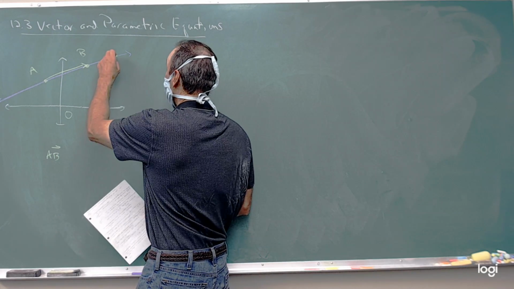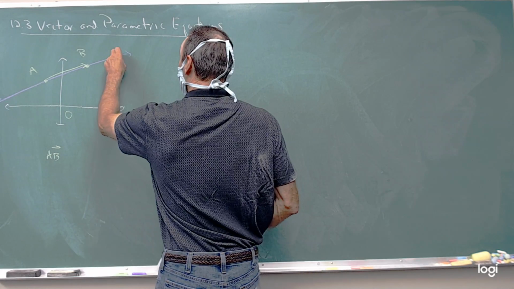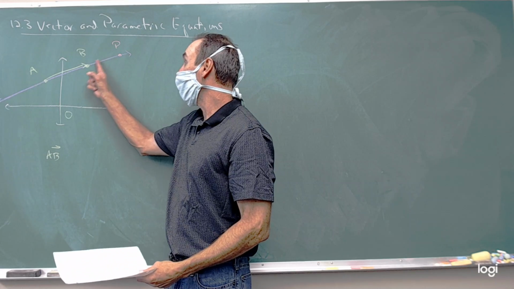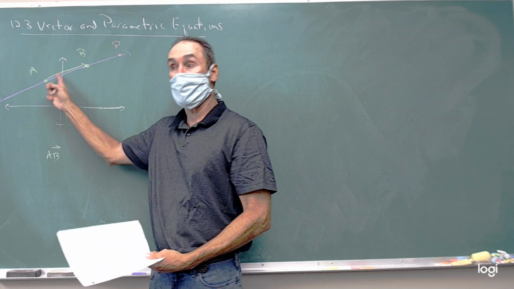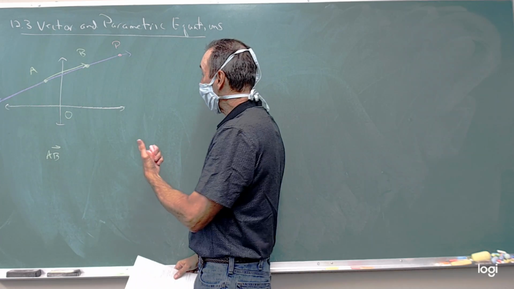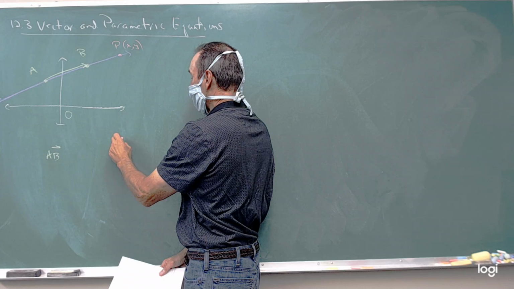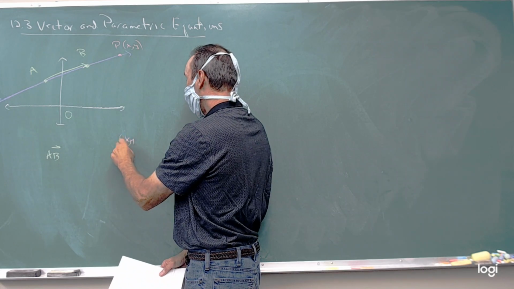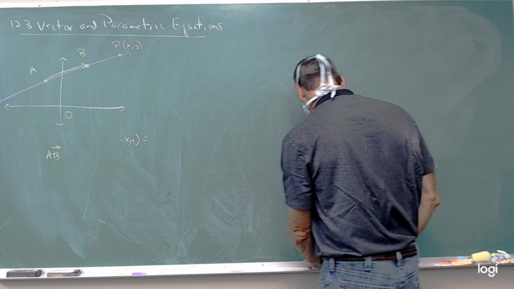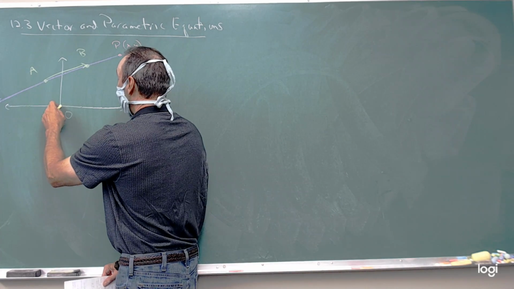If we're going to bring this idea of direction in, the idea is that we pick any point that we like on there, some random point, and I put P to the right of B, but P could lie anywhere on this line, between A and B, to the left of A. Then we can generate P, that is, we can say that x, y, here's where it gets kind of funky. We're going to imagine this vector equation.